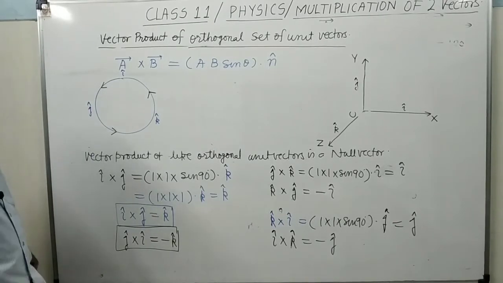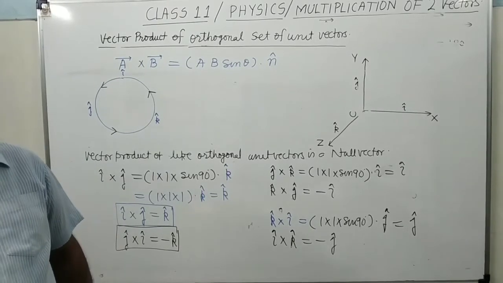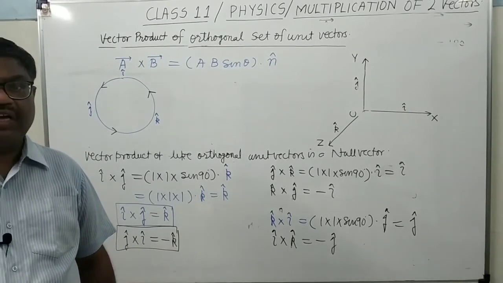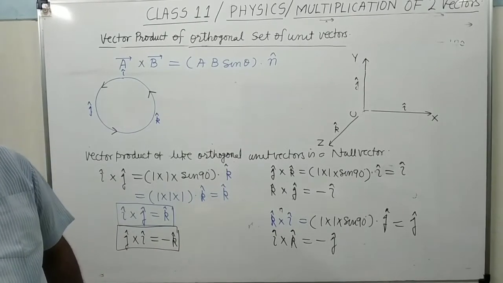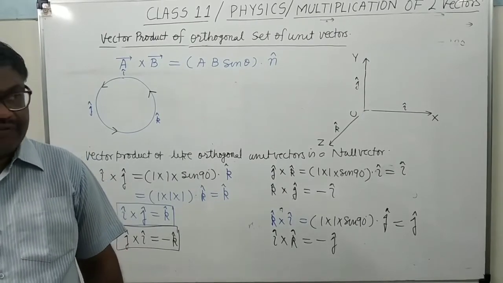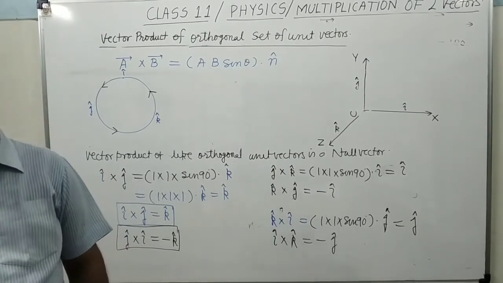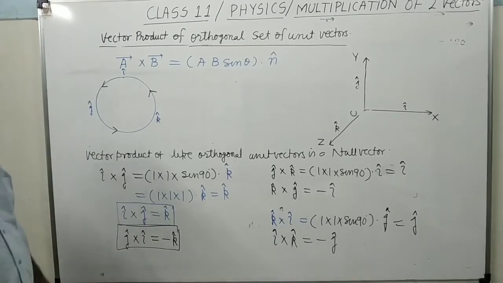It is clear? Now see here. Suppose the vector is given in terms of i, j, k. Here it is given vector A equals 3i minus 2j plus 5k, and vector B is given 7i plus 2j plus 2k. Then how will you find the vector product? It's clear.